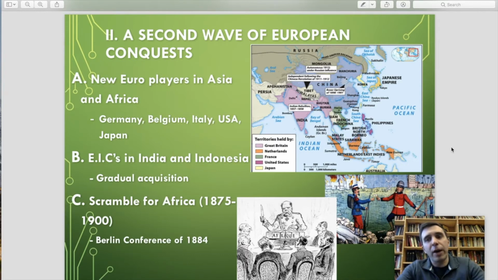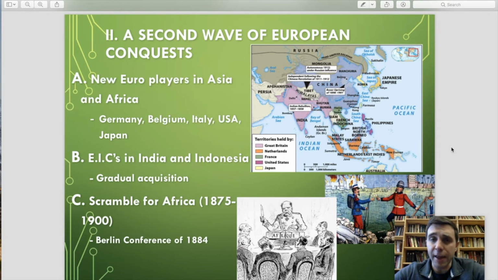Well, Spain and Portugal have drastically declined in power and influence in Europe at this time. So instead, now you're going to see the newly formed nations of Germany and Italy, and also Belgium, from a European standpoint, become really involved in conquering areas in Asia and Africa.